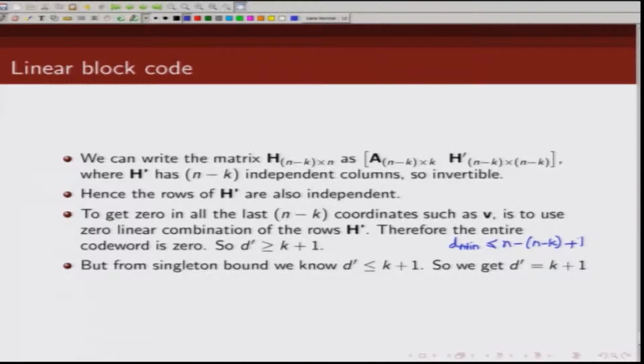So, from the Singleton bound we get the condition that the minimum distance should be less than or equal to k plus 1, and from the earlier argument we get the condition that the minimum distance is at least k plus 1. So, if we combine these two, we get the condition that the minimum distance of this code is k plus 1. Hence, it is proved that the dual code is also maximum distance separable, because it satisfies the Singleton bound with equality. With this, we conclude this lecture.